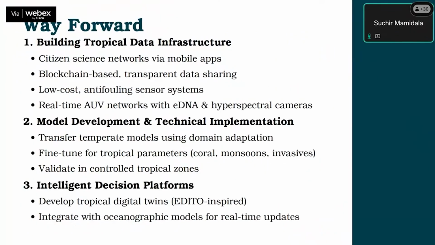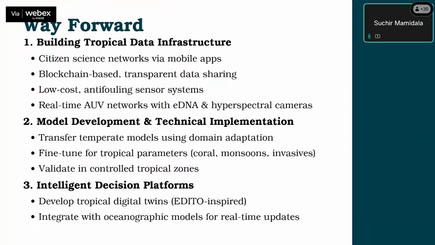The way forward and the future prospects in tropical biofouling simulation lie in building integrated, data-driven, and predictive systems. First, we must try to rebuild the data infrastructure. Community-based monitoring through local fishers and divers can enhance coastal data collection. Blockchain can ensure secure and transparent data sharing, while low-cost sensors and AUVs equipped with anti-fouling tech and eDNA samplers can improve tropical data capture.